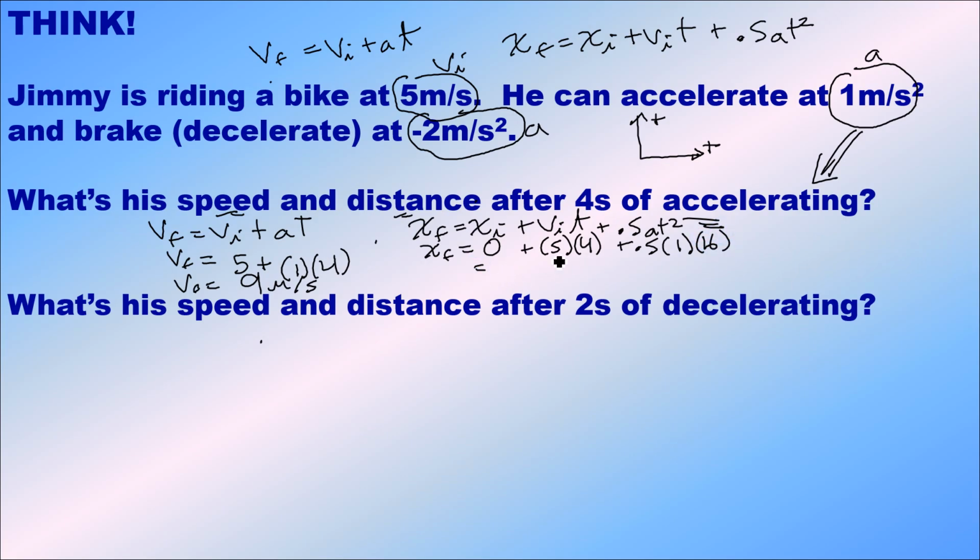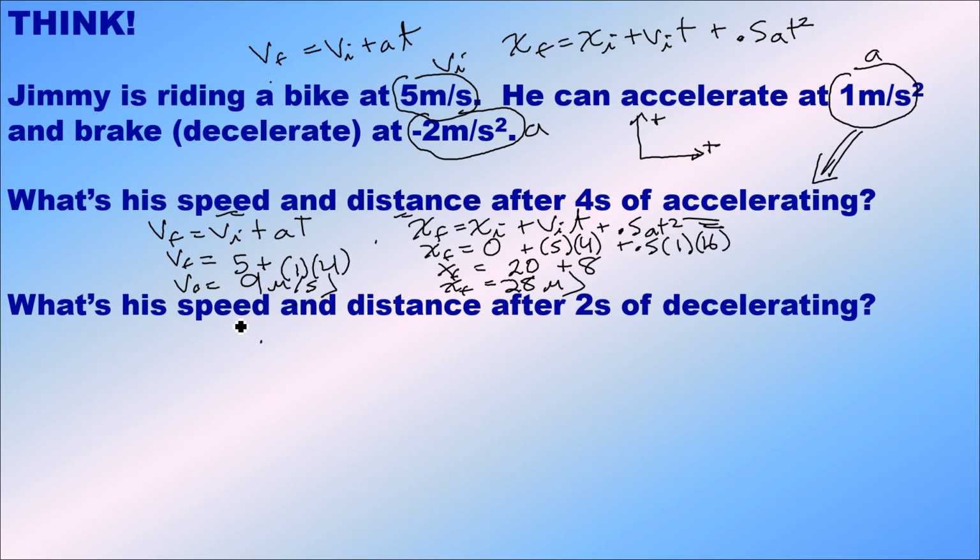Following the order of operations, I multiply before add, so I multiply 5 and 4, get 20. And I can multiply all these, I'll get 8. And we see his final position is 28 meters. So after 4 seconds of accelerating, if he starts at 5 meters per second, we can see that he is then going 9 meters per second, and he's traveled 28 meters.